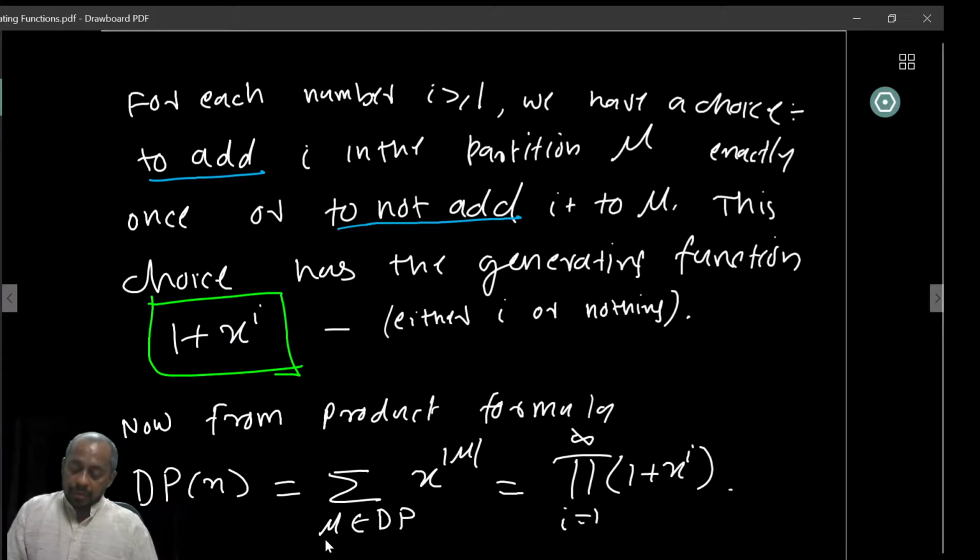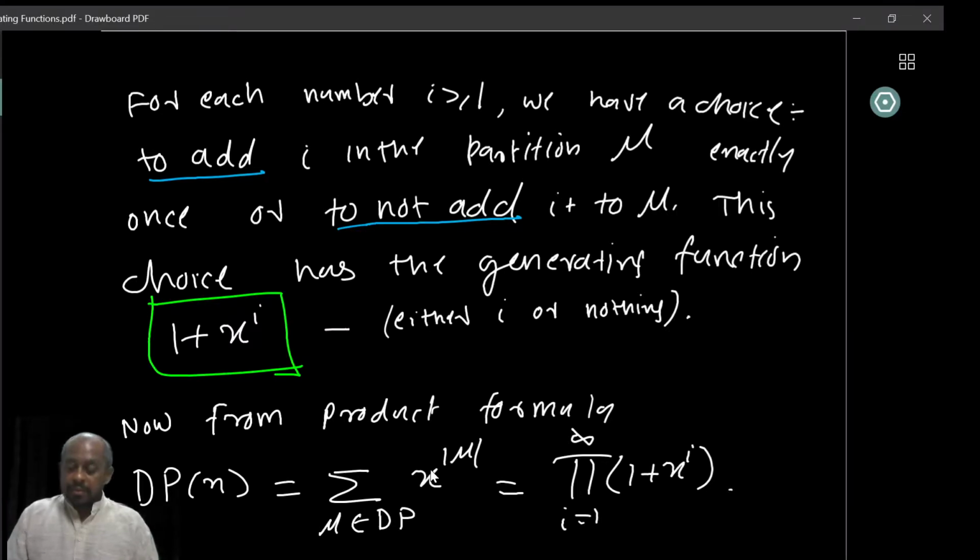So it is the summation over all partitions mu in DP of x raised to the size of mu, which is the integer of which it is a partition. So the coefficient of x raised to n is precisely the summation over all those mu which are partitions of n, of x raised to n. How many times x raised to n comes, that is precisely the coefficient. So therefore, summing over all partitions which are distinct, we will get precisely this generating function.